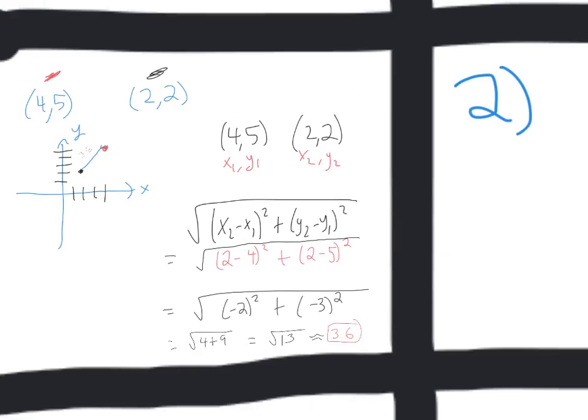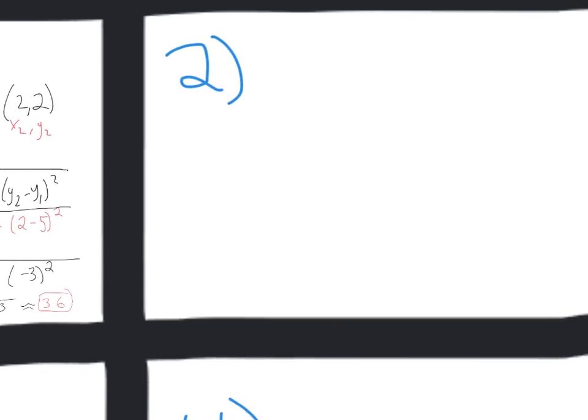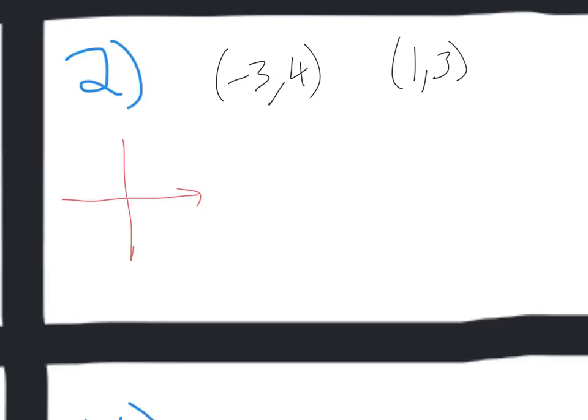Let's go ahead and take a look at number 2, and I'll leave the rest up to you guys. Number 2 says we're given the points negative 3, 4, and 1, 3. All right, so let me draw a quick little coordinate plane of what that's going to look like. Got our x and our y. Okay, so that first point is in blue.